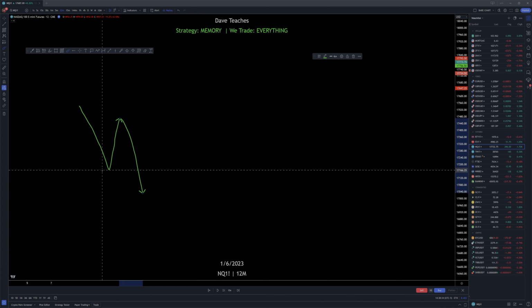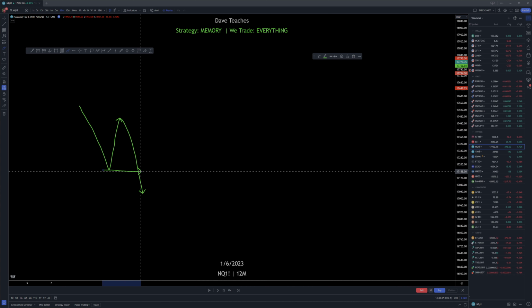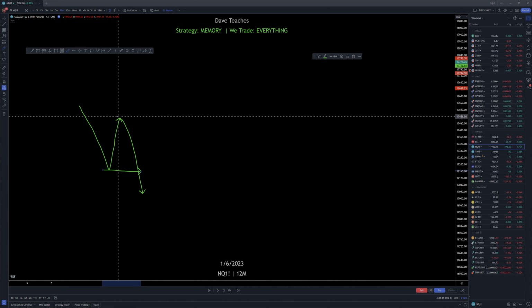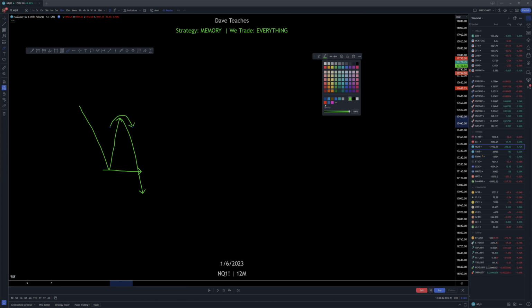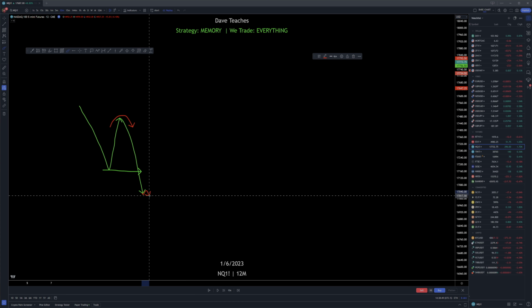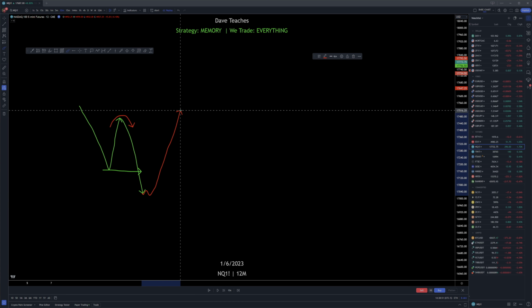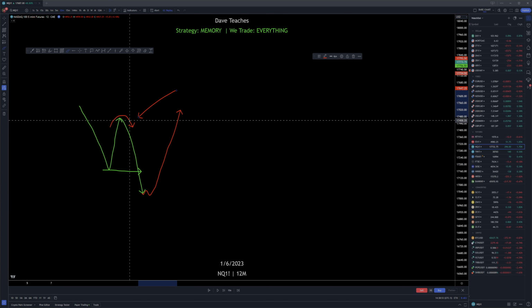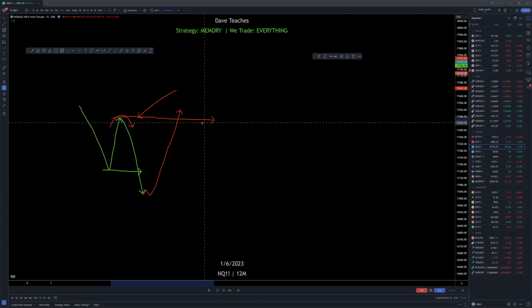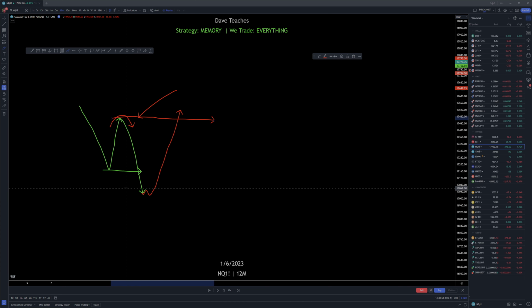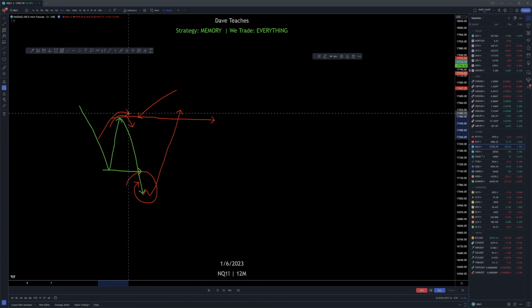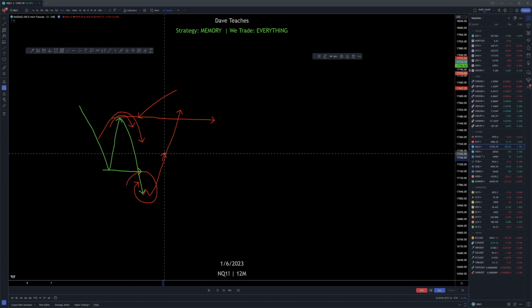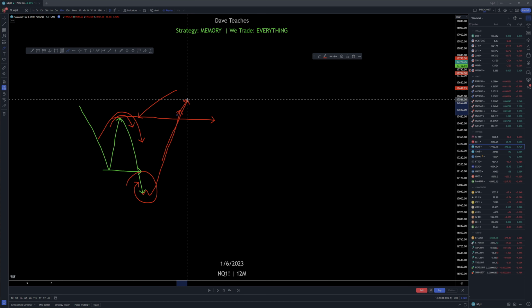We need the low to close below that previous low in order to validate this high, in order to call that a protected high, right? So then we trade up above the protected high. The only time we could start looking for longs is after we get a body closure below and we validate this protected high. We trade up above it and get what? What did we say down below?